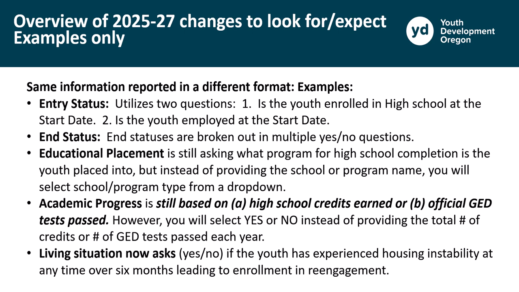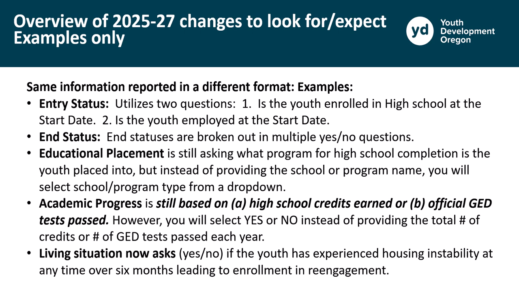Instead, you'll see different yes/no questions, which are broken out and basically address the youth status when they enter the re-engagement program and the youth status at end. And then for educational placement, we'll be asking for the type of school or program instead of you typing in the school or program name when you actually place them in their educational services.